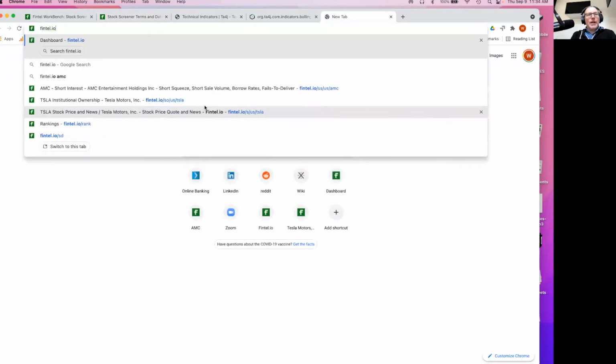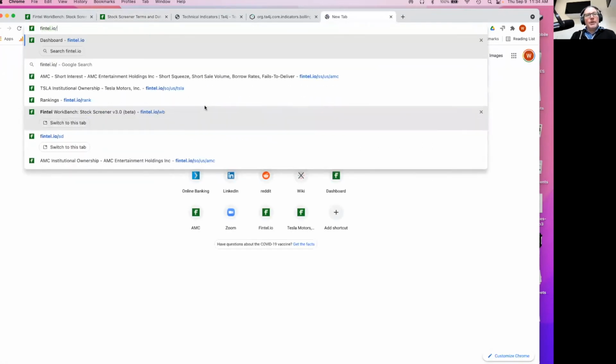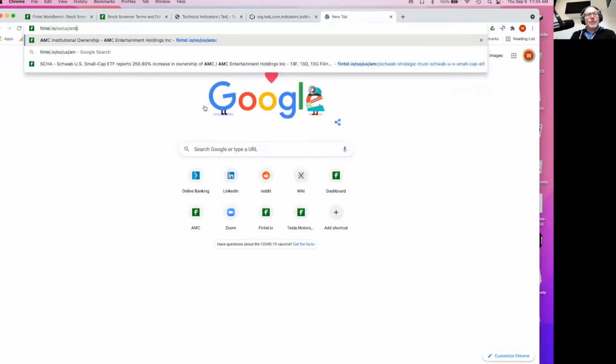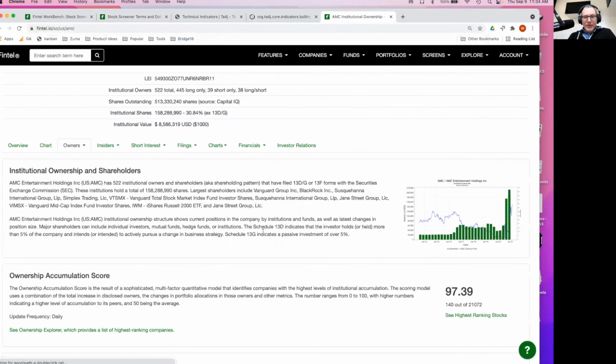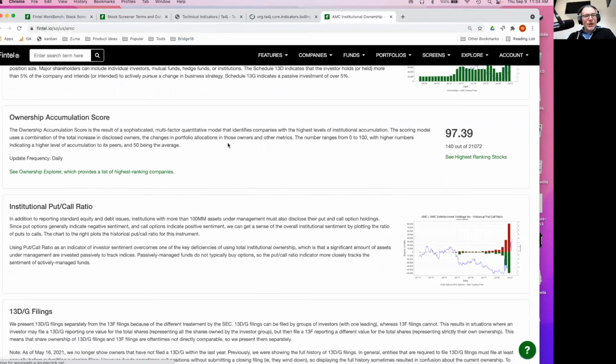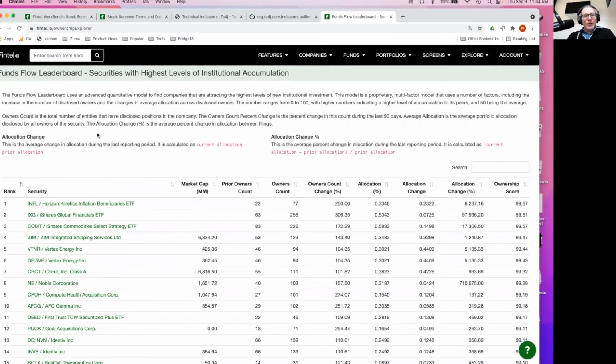Let's take a look at a company here. I'll pick on AMC, because everybody loves AMC. If you look at AMC, we have this ownership accumulation score. Here's another example. We look at the allocation. Every fund allocates a certain percentage of their assets under management to a stock.